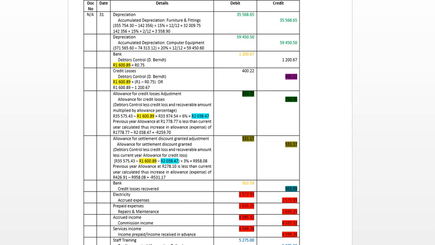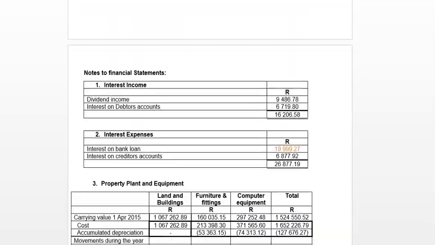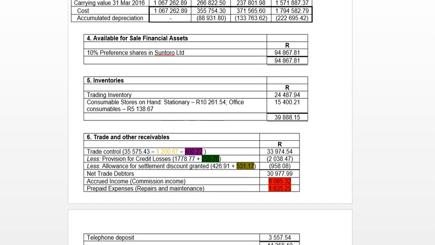He was declared insolvent, so we received 75 cents on his insolvent estate, and the rest we wrote off. But that means that this full 1,600 Rand and 89 cents, Mr. D. Burnt doesn't owe us that money anymore. Okay, so our trade control is then 33,974.54 cents.